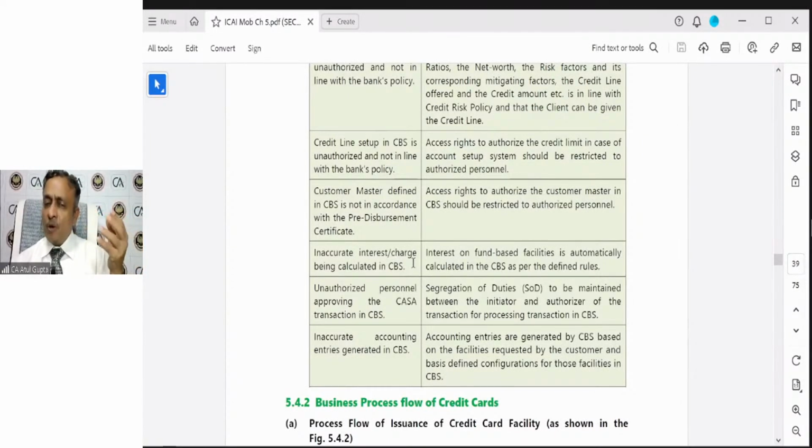But we've already talked about that. It is more than 25 years that Indian banks have been using core banking systems. Bankers have learned how to use it well, and developers have learned how to make it error free. So inaccurate interest charged by the core banking system is not generally a system-driven error today. It's more a manual error.